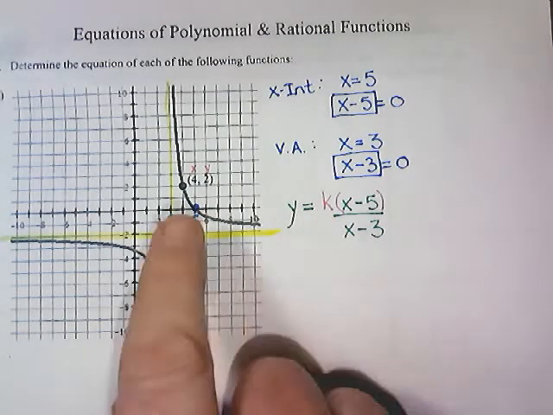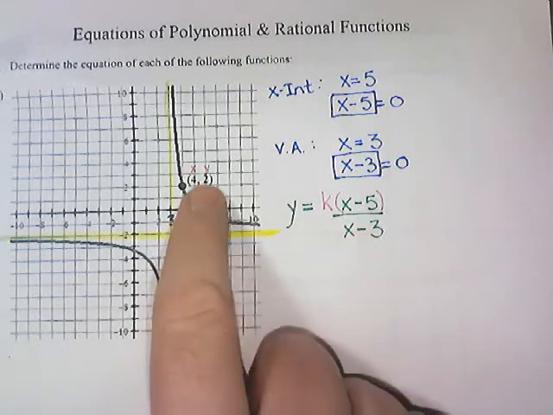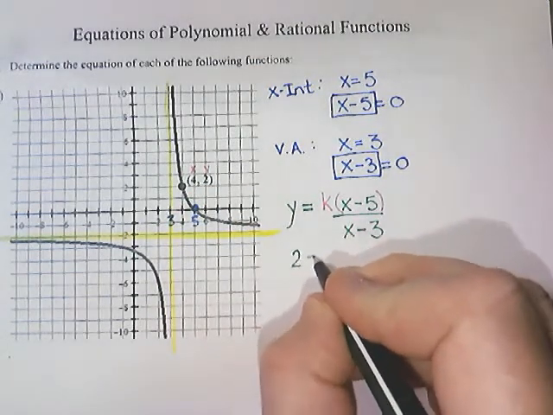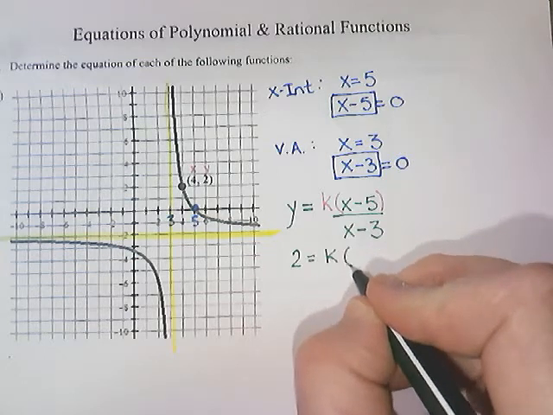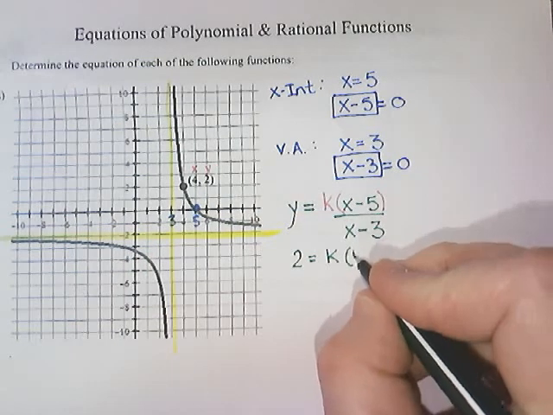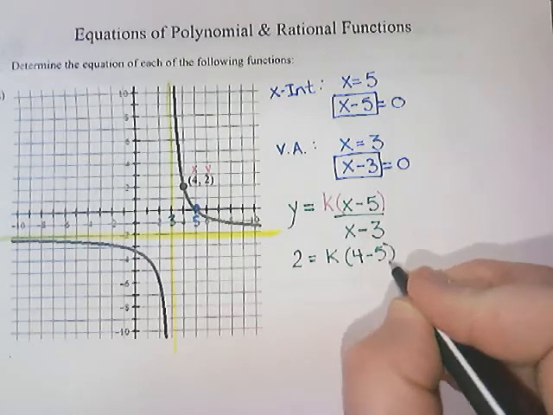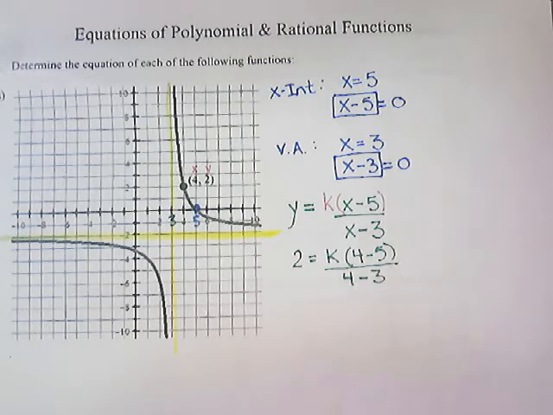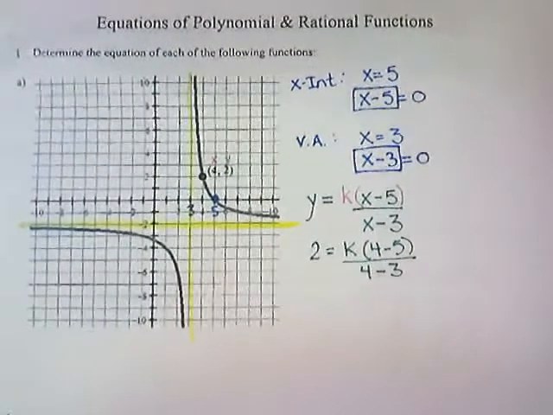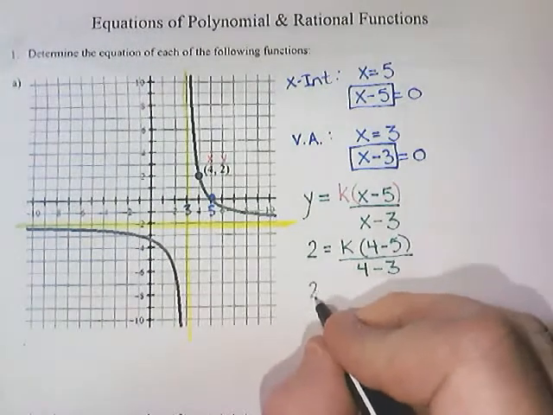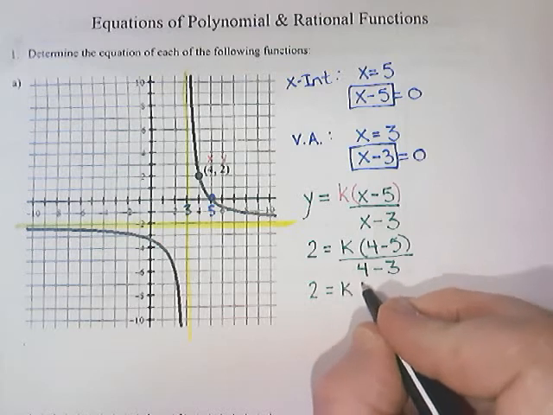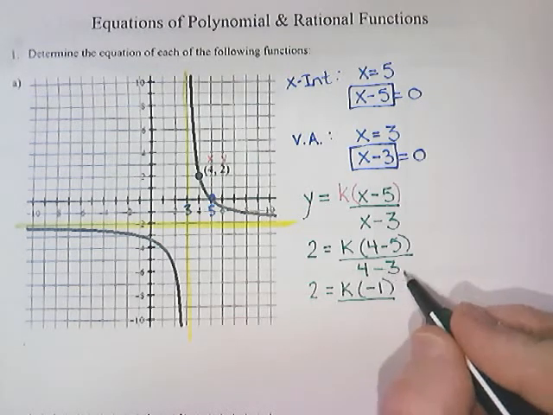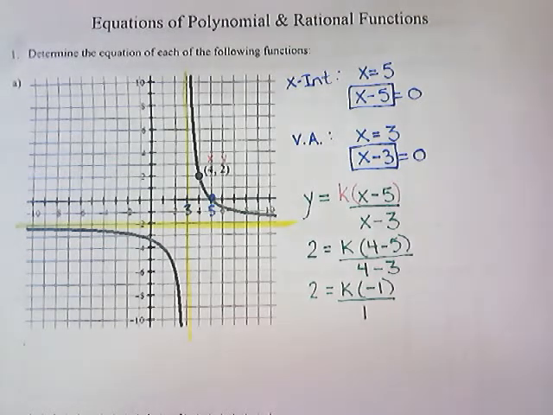So I'm going to put 4 everywhere I see an X and 2 everywhere I see Y. So I'm going to get 2 equals K times 4 take away 5, divided by 4 take away 3. 4 take away 5 is -1, so I have 2 equals K times -1, divided by 4 take away 3 is +1.